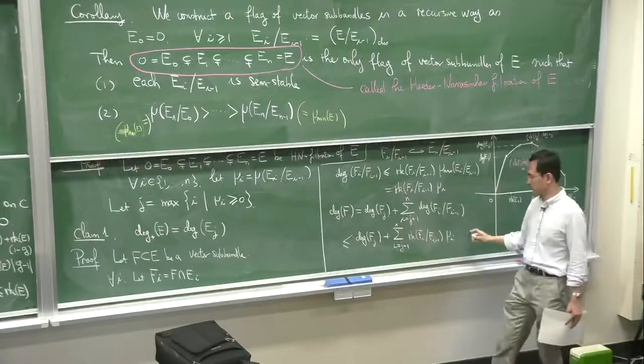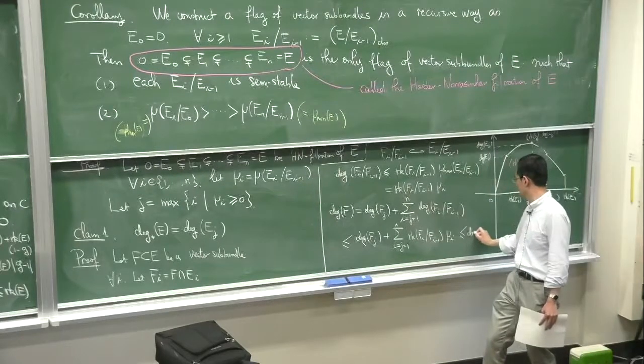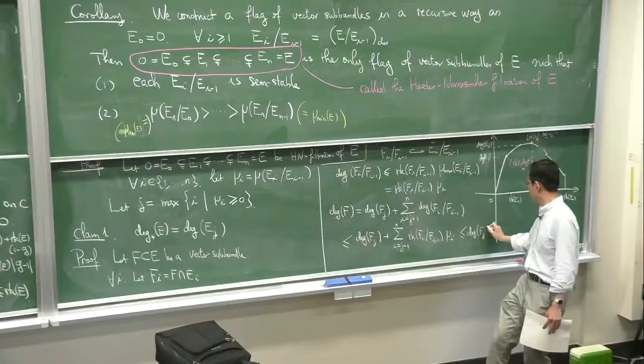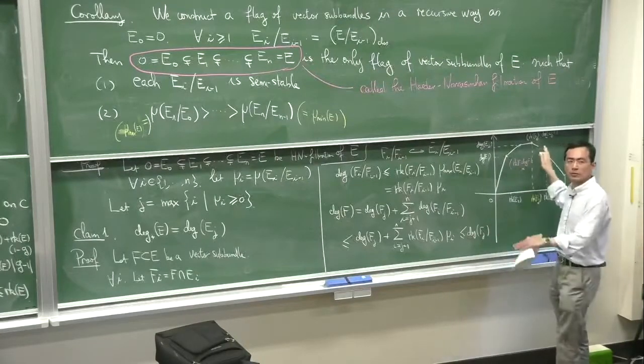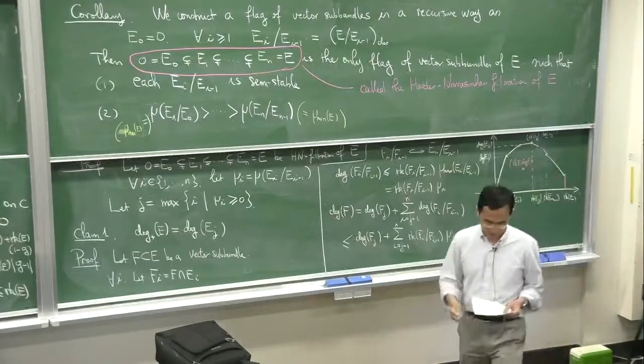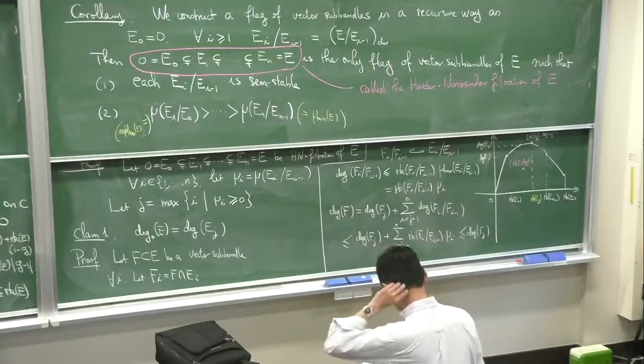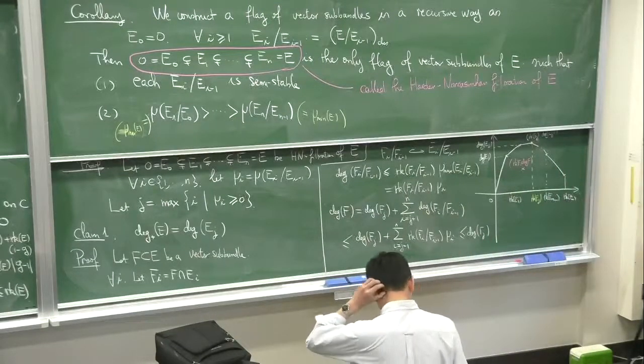So all these terms should be negative or 0. So this is bounded by the degree of Fj. So this is a formal proof, but it comes from this observation by graph.